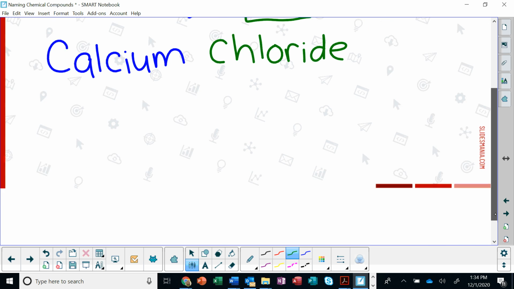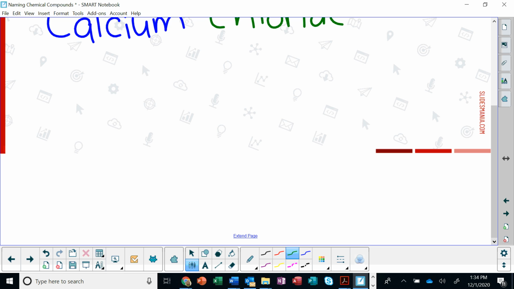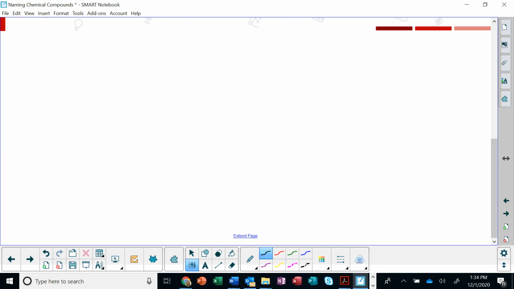Let's try, I'm going to extend this page. I'm going to give you one that's not on here. So again, I'm going to box the first element, decide if that is a metal or a non-metal.